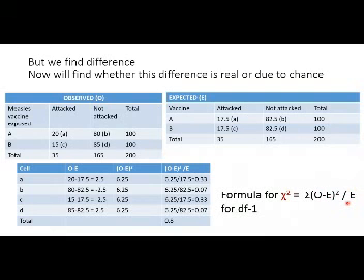So the chi-square value is actually the ratio between the sum of the squares of the observed minus the expected values and the expected values.